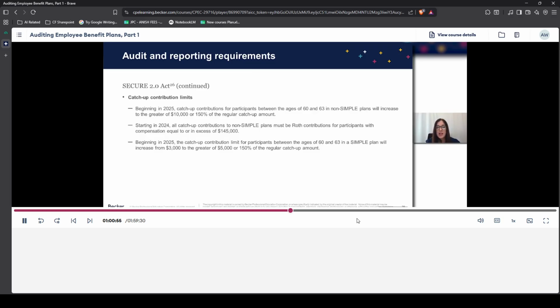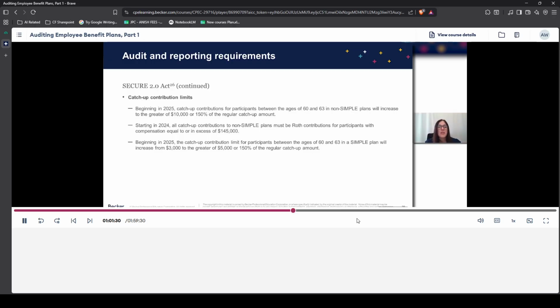Okay, the next item here, starting in 2024, all catch-up contributions to non-simple plans must be Roth contributions for participants with compensation equal to or in excess of $145,000. Also, beginning in 2025, the catch-up contribution limit for participants between the ages of 60 and 63 in a simple plan will increase from $3,000 to the greater of $5,000 or 150% of the regular catch-up.